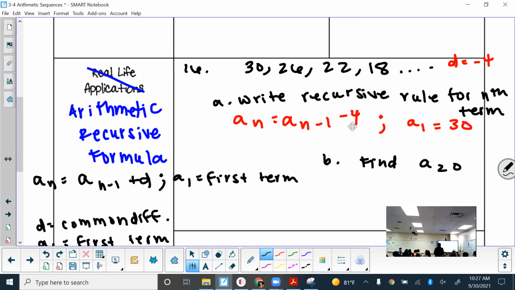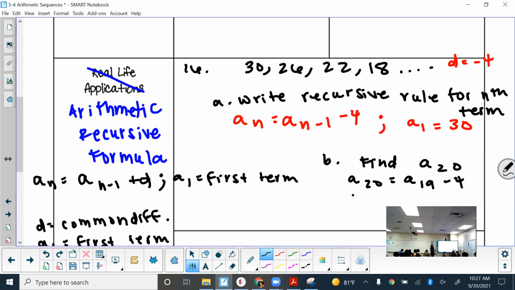Aren't all the sequences like the previous number minus 4? Yes. So to find the 20th term, a sub 20 equals a sub 19 minus 4.